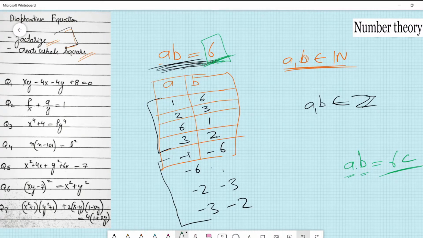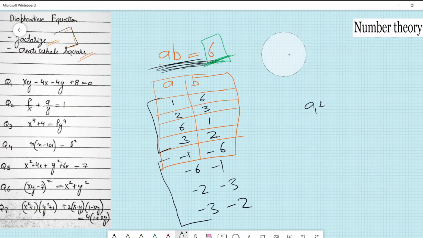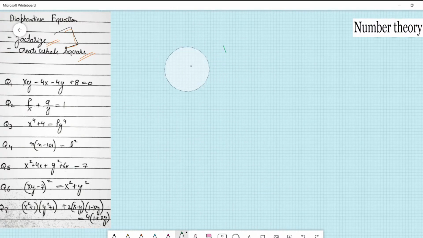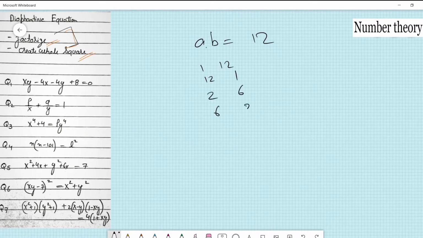Let's take one more example. Let's say a into b were given to be 12. Again we can make the table. We'll get 1 12, 12 1, then 2 6, 6 2, then 3 4, 4 3.